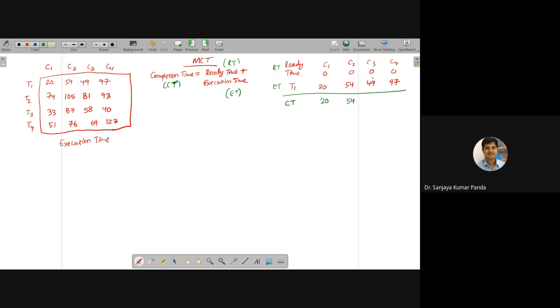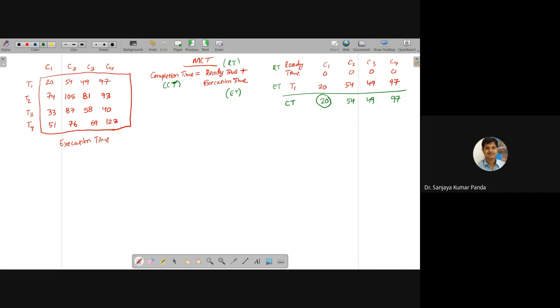And in C3 case you will get 0 plus 49, it is 49. 0 plus 97, it is 97. So what we have seen in MCT definition, it says that select a machine or cloud which results in the earliest completion time. So in this case, you can see the earliest completion time is 20, right? Out of 20, 54, 49, and 97, the earliest time is 20, right or not? So we'll assign the task T1 to C1.